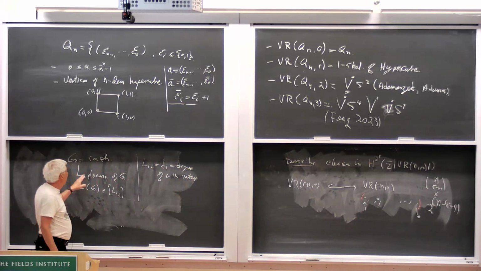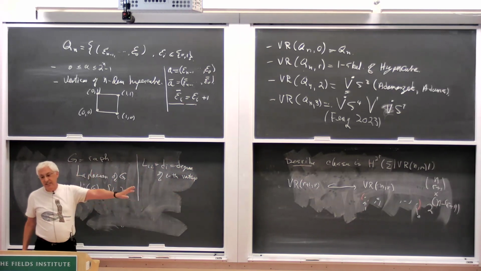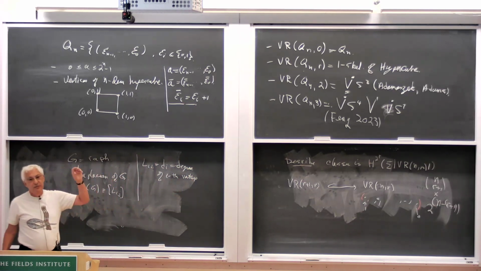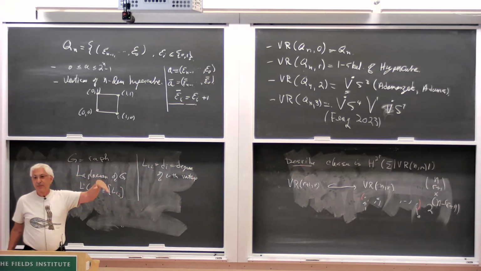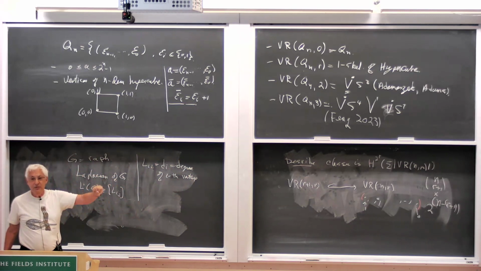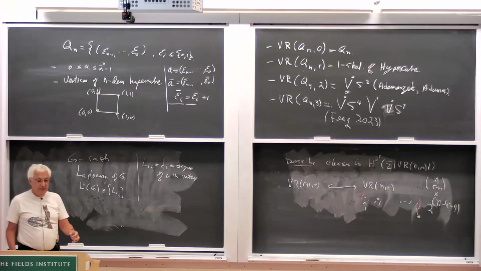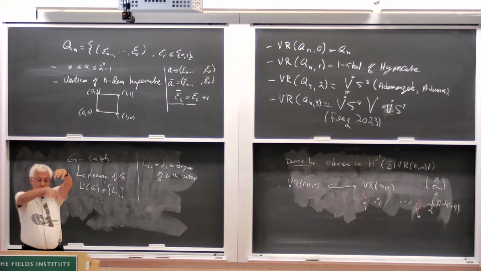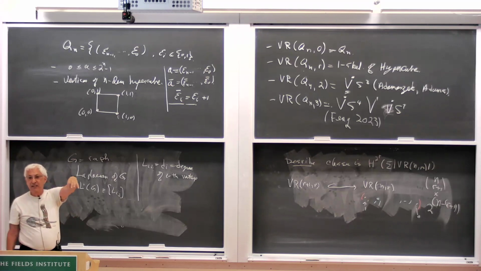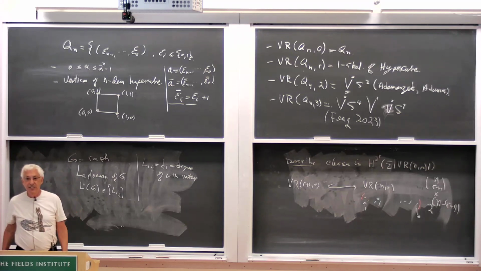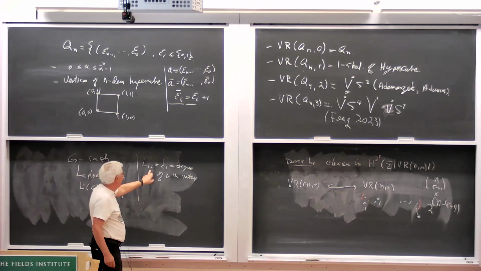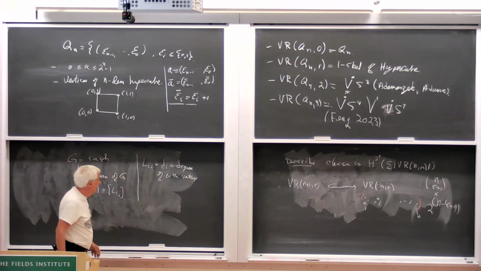Okay, so I'm labeling the vertices of the graph with the numbers from 0 to m minus 1 or whatever. So when I say the ith vertex, hopefully that's not confusing. I have an ordering here. And the degree of a vertex: I look at a vertex and all the edges coming out of that vertex, that number is the degree of the vertex. And I make that the diagonal of the matrix.